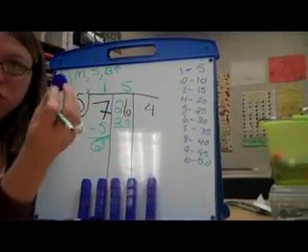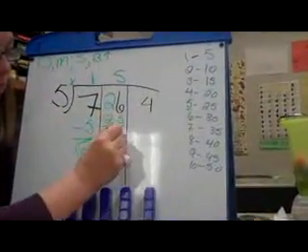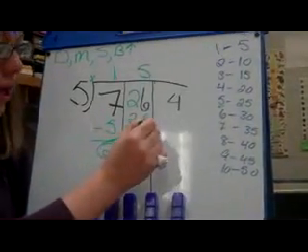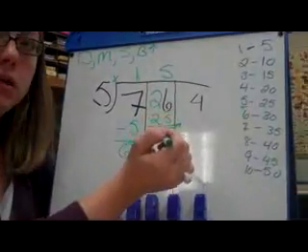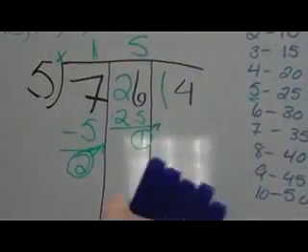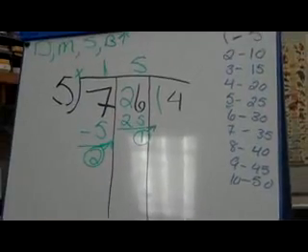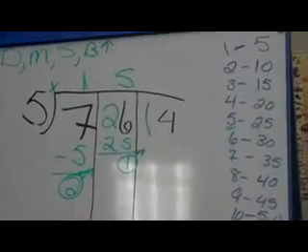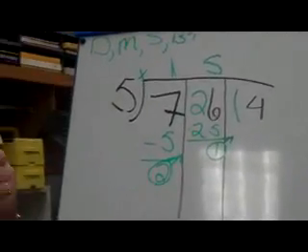Now look at what we have here. 26 divided by 5. We have 26 cubes to represent 26 pieces of candy, and we're going to separate all these cubes into groups of 5 to see how many groups we can make.